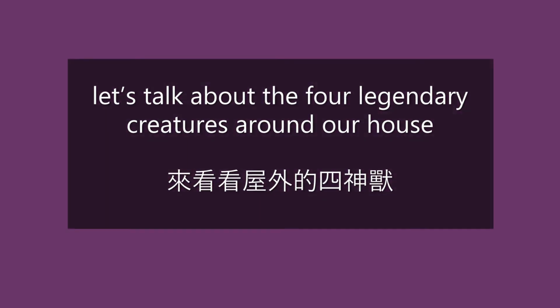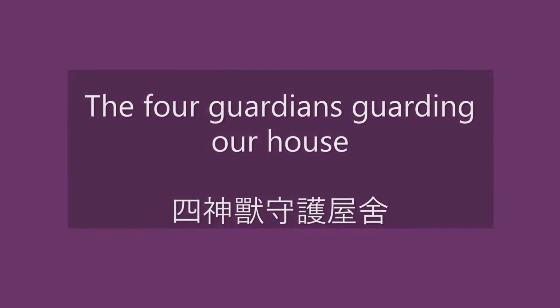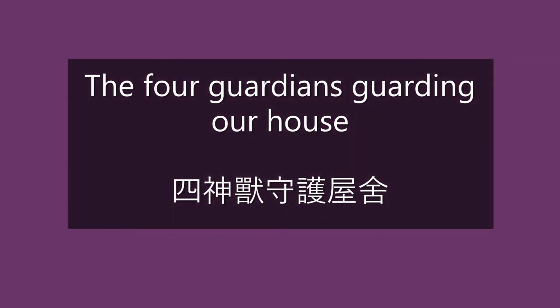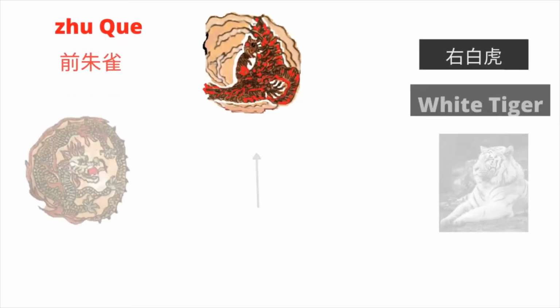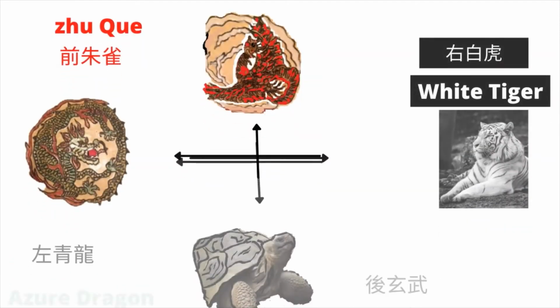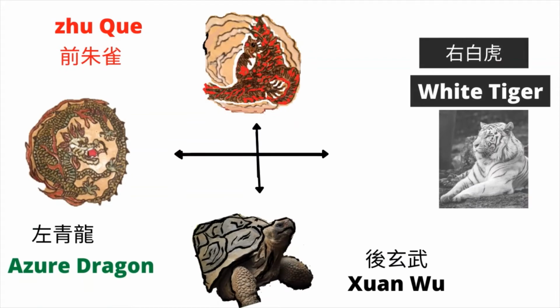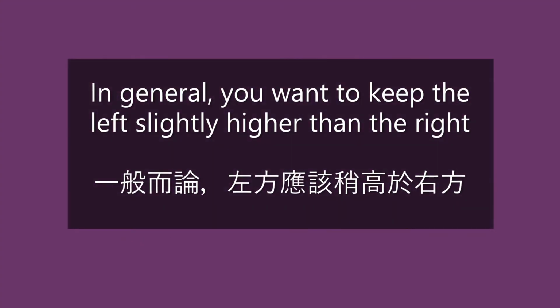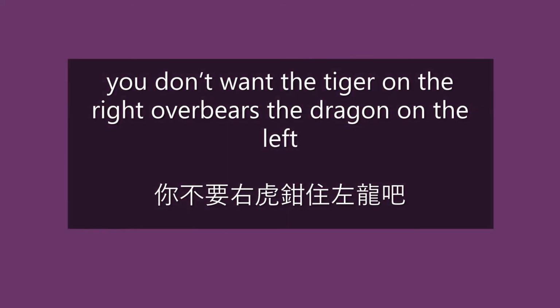Now that we have cleared this up, let's talk about the 4 legendary creatures around our house. The 4 guardians guarding our house look like this: the dragon, the tiger, the tortoise, and the bird. In general, you want to keep the left slightly higher than the right because you don't want the tiger on the right to overbear the dragon on the left.